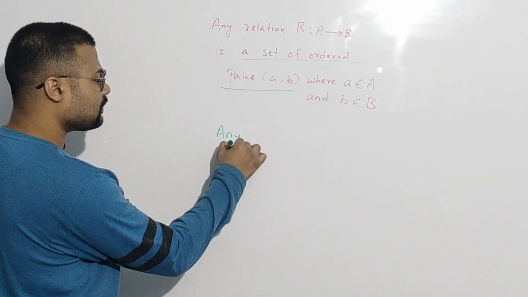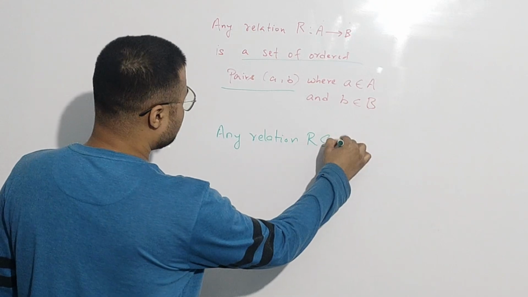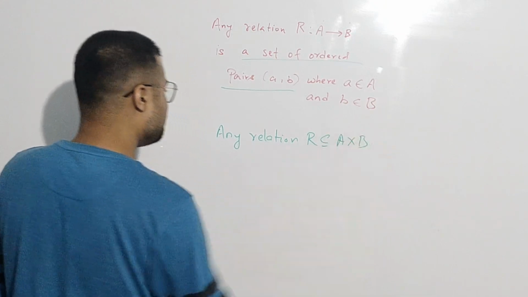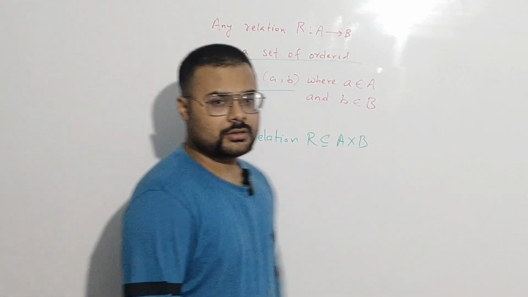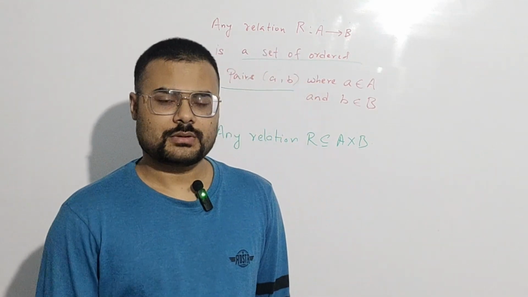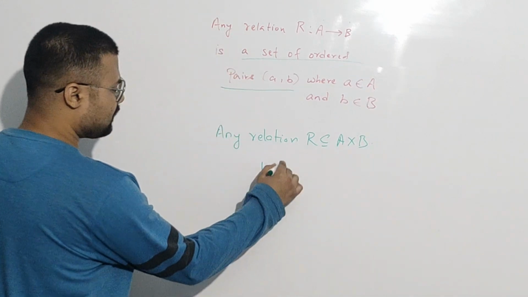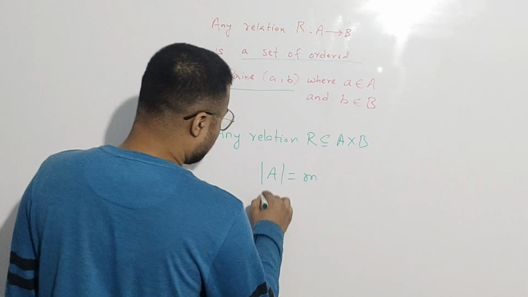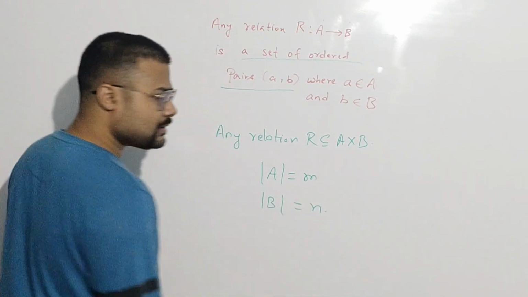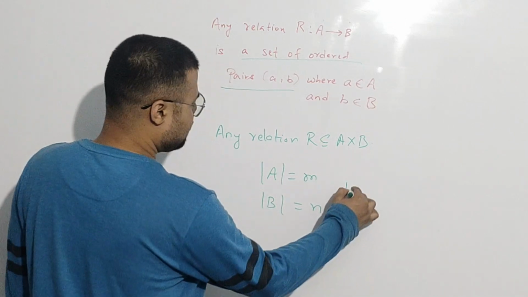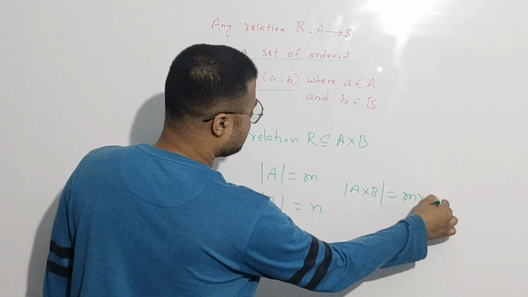So any relation R is a subset of the cross product A cross B. From this we can find out the total number of relations possible between two sets. Say the number of elements in A is equal to M and the cardinality of B is equal to N. Then the number of elements in A cross B is equal to M into N, right?